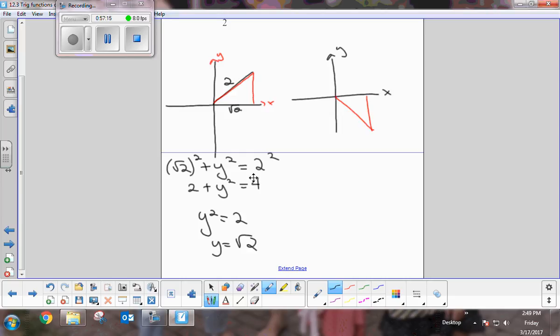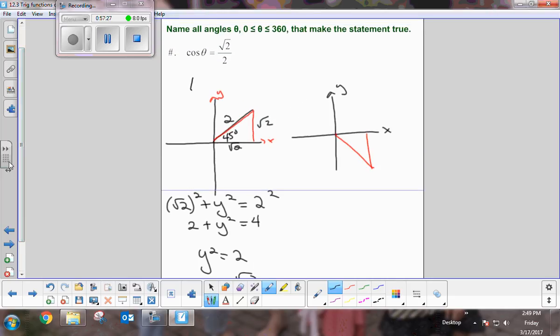What kind of triangle is this? Both these sides are equal. What kind of triangle is it? 45, 45, 90. This angle here is 45. So the first angle in the first quadrant is 45 degrees. That means this is the reference angle, but I want not the reference angle, I want the angle in standard position.